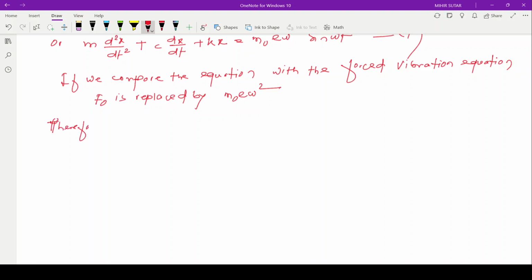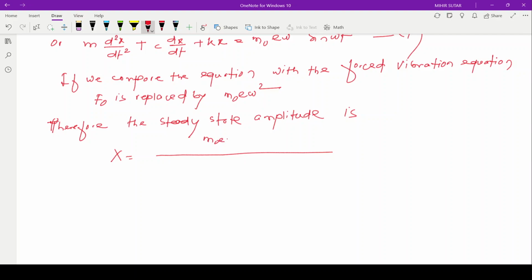Therefore, the steady state amplitude x is basically m0 e omega square divided by k times the square root of (1 minus m omega square by k) whole square plus (c omega by k) whole square. Let's say this is equation 2.